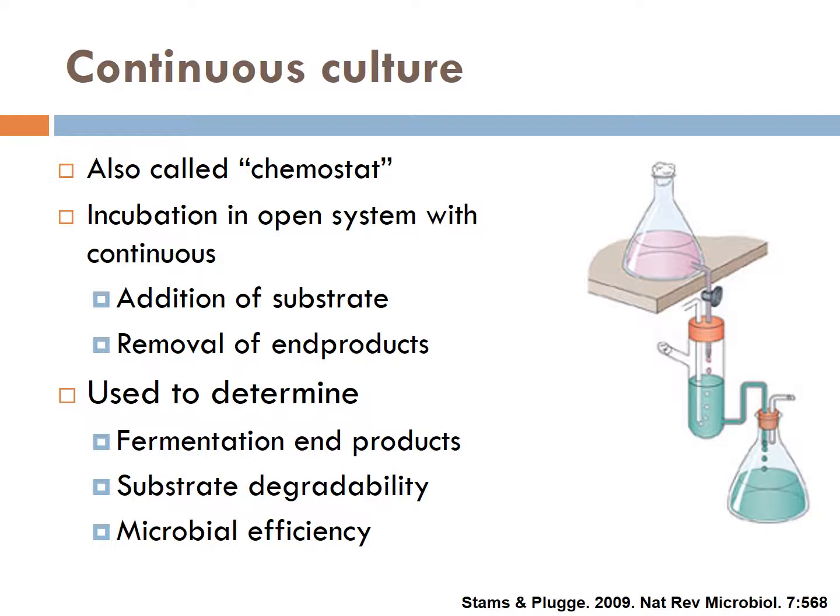However, another measurement particularly appropriate for continuous culture is microbial efficiency. We can measure microbial efficiency better with continuous than with batch culture experiments because, as we'll discuss, we can keep continuous culture experiments running for long times. The microbes are in a state of good health, they're not in a state of dying like in batch cultures.